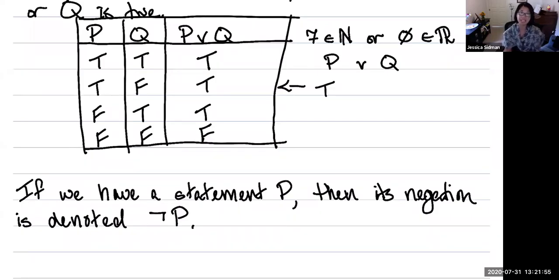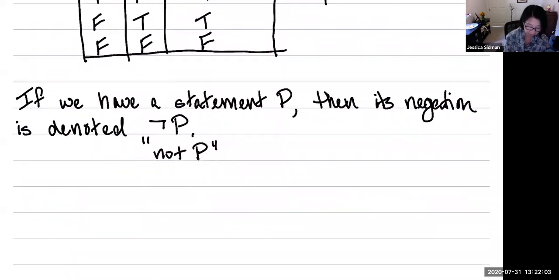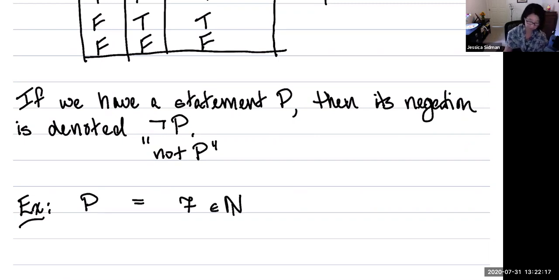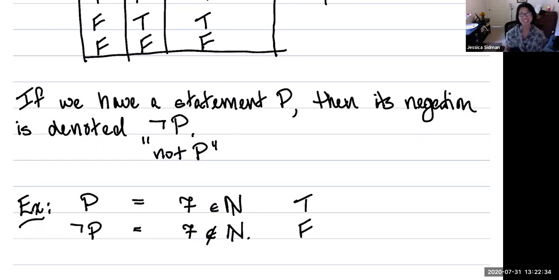We say not P. So this is read not P. So for example, if P is the statement 7 is an element of the natural numbers, then not P is the statement 7 is not an element of the natural numbers, okay? So this one is true and this one is false.